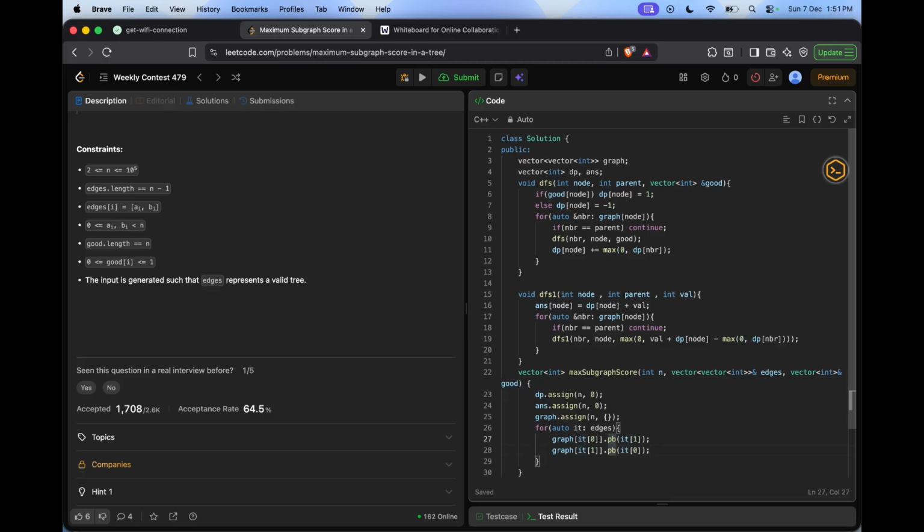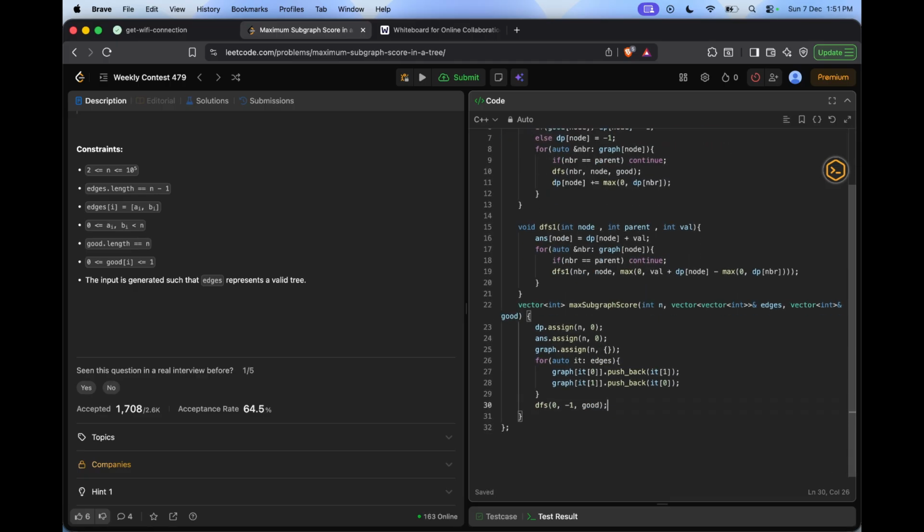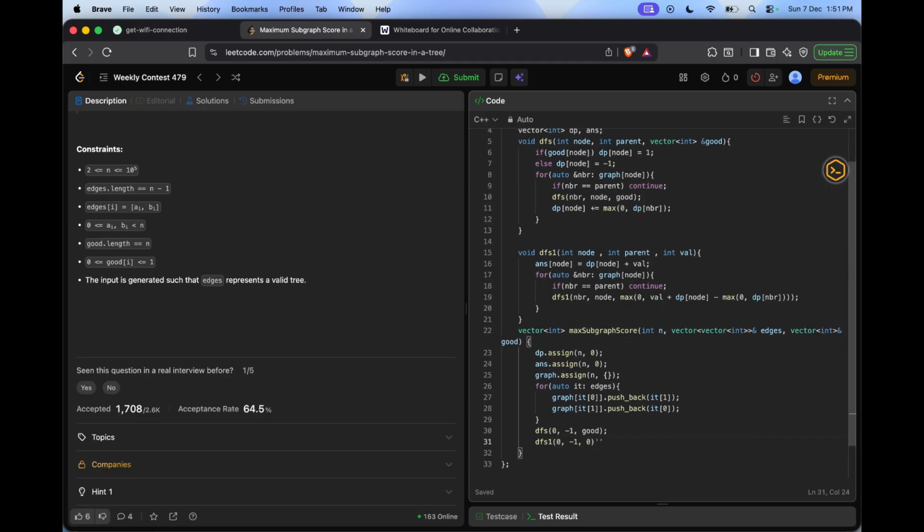We are not using our template, so push. At the end, run DFS. For the first DFS, 0, -1, good, because parent is -1. Now for the second DFS, 0, -1, and what is the initial value? Because no parent for the 0th node, so no contribution. At the end, we just need to return the answer value.